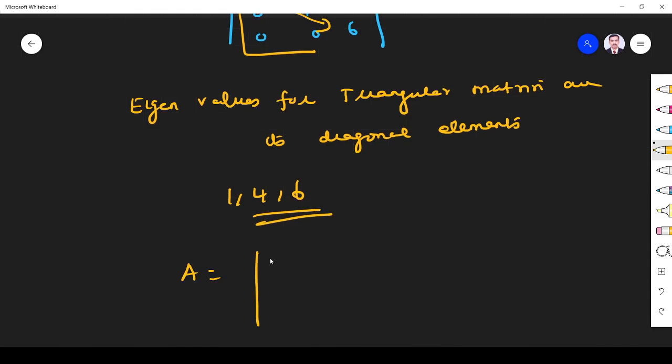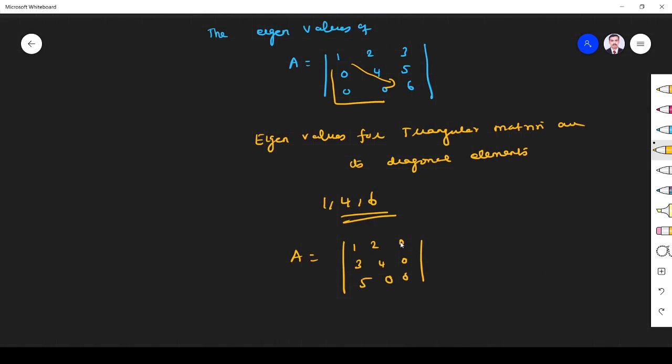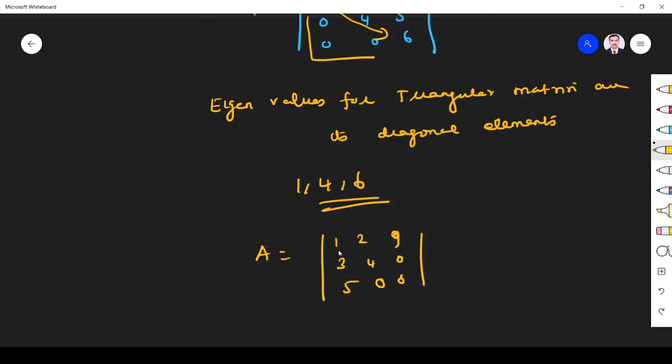Suppose they give a matrix like this, with diagonal elements 5, 4, 9. It is a triangular matrix, so for this also the eigenvalues are the diagonal elements.